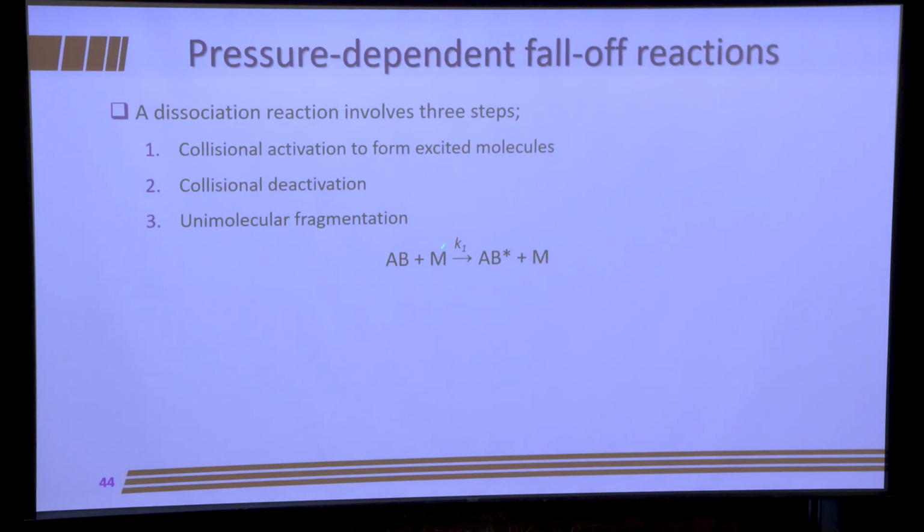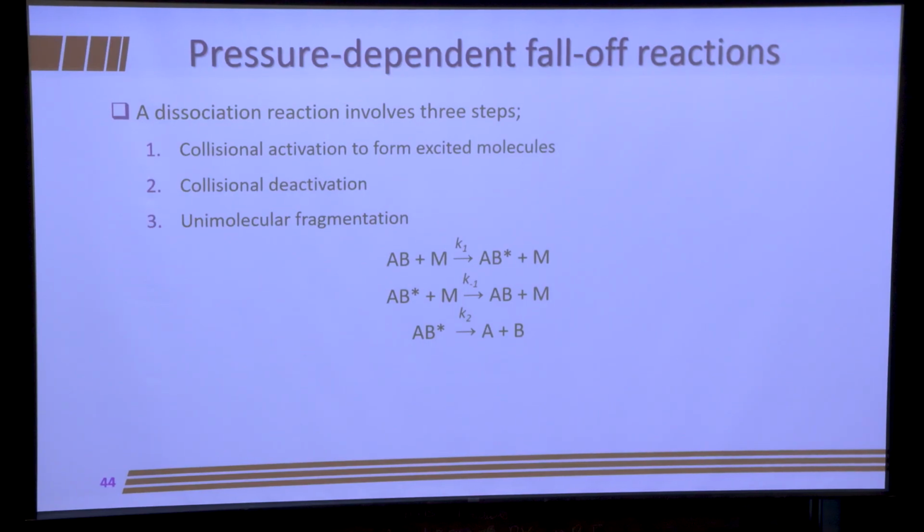It gives excited propane plus M, and then that excited propane can deactivate to give back propane plus M again, or it can go on to give us ethyl and methyl radical, right?